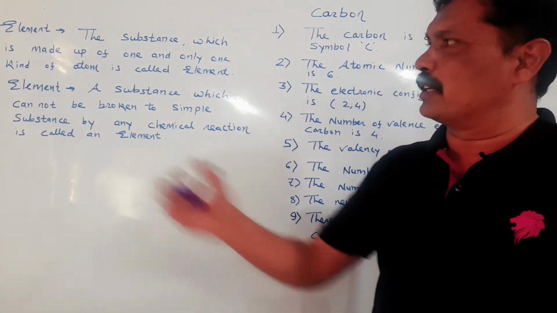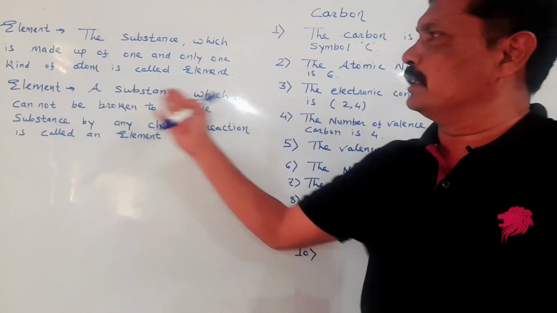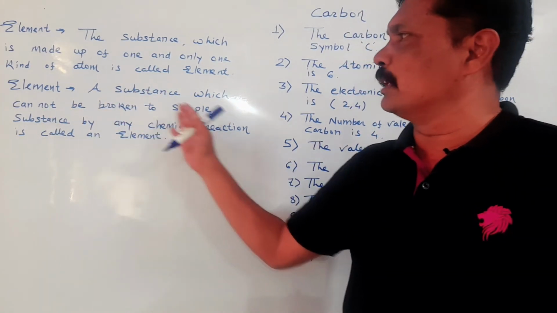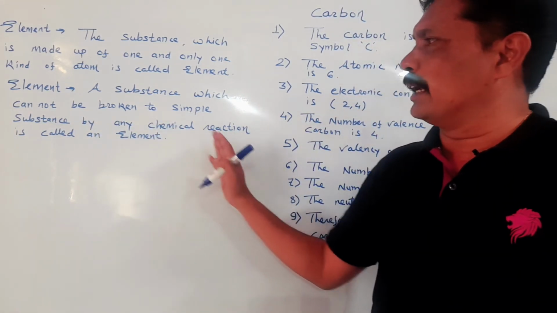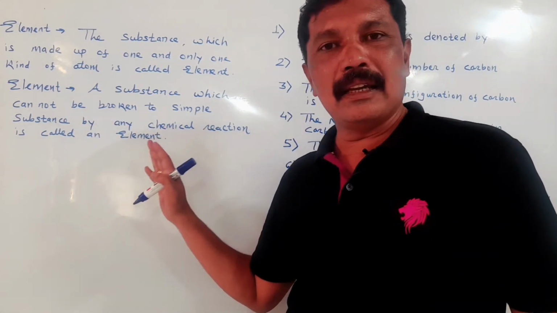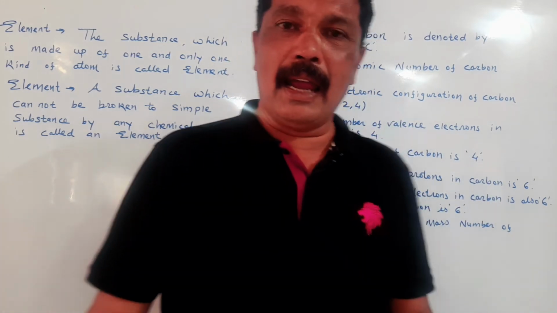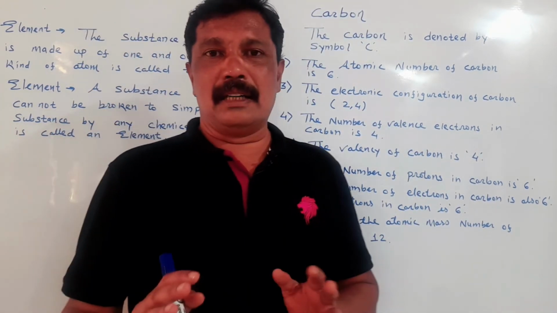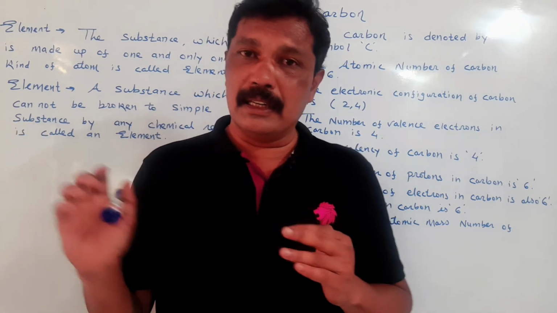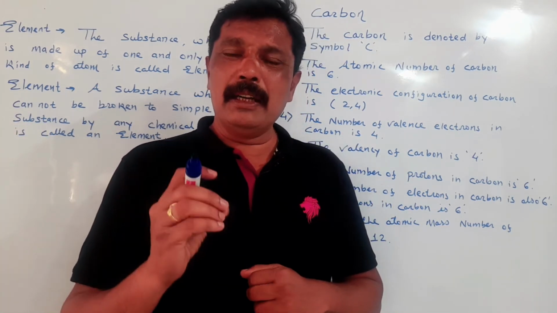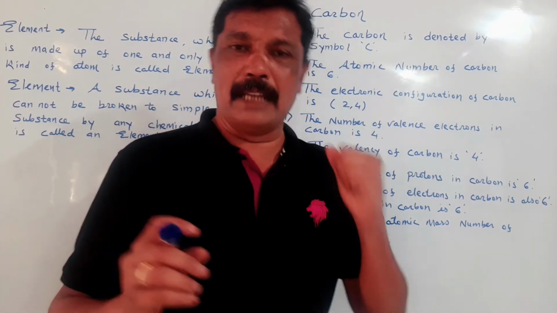According to this definition, a substance which cannot be broken into simple substances by any chemical reaction is called an element. And in 9th standard, for this lecture, we have taken this definition. Element is classified into 3 types.